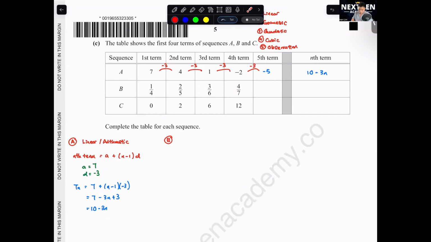So you look on top: 1, 2, 3, 4. At the top, your numerator, +1, +1, +1, so your next one should be +1 also. At the bottom, 4, 5, 6, 7, same thing, +1, +1, +1, so here also should be +1. So my fifth term over here should be 5/8.